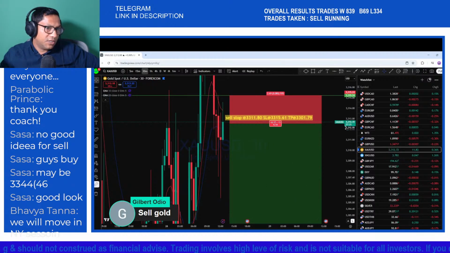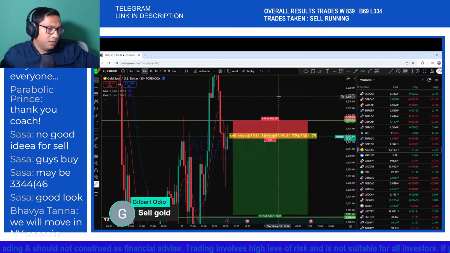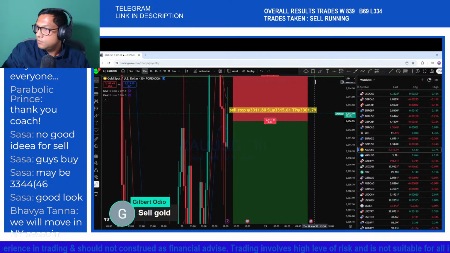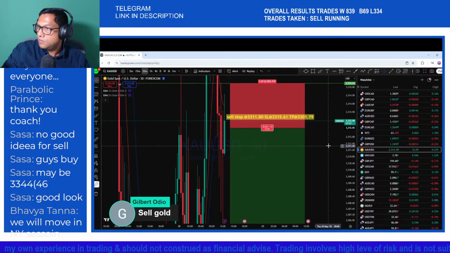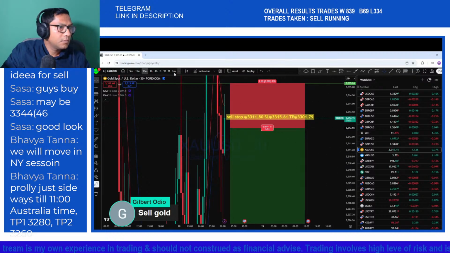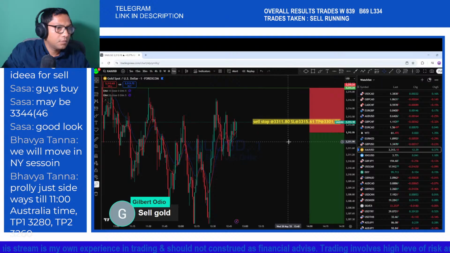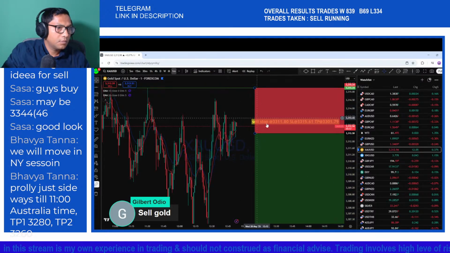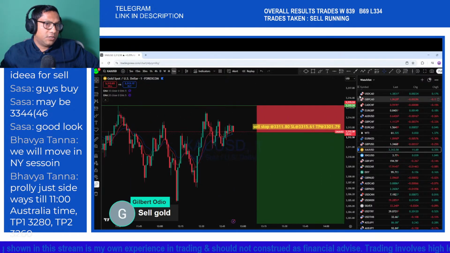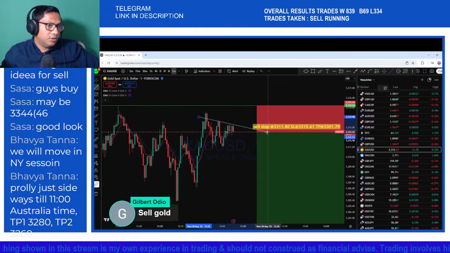From the 30 minute candle we can see, so it's approaching a resistance here on the 1 minute.